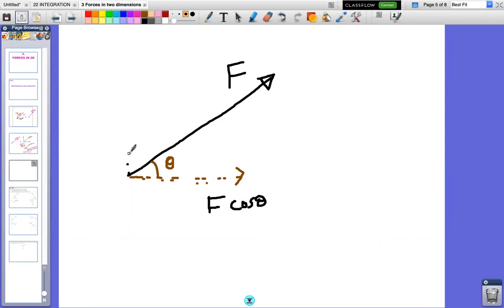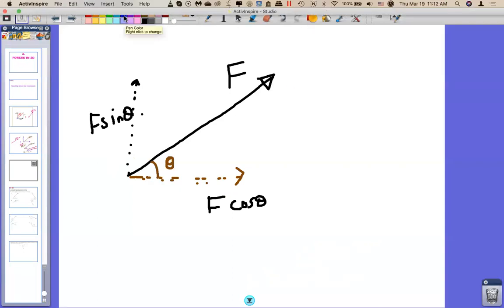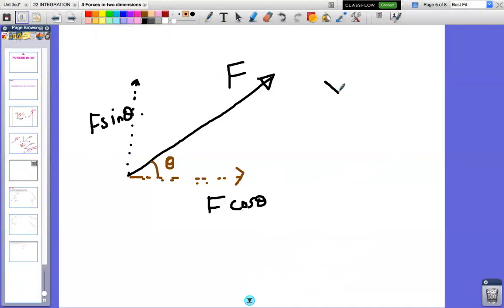The magnitude of the vertical component will be F sine theta. All right? You may have problems in which the force is not going upwards. Let's say you have a force like that.